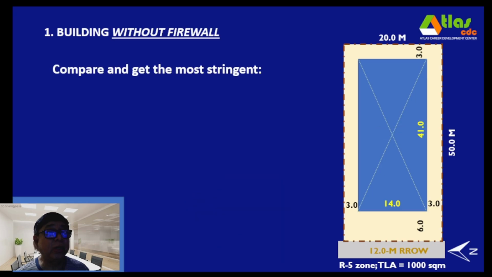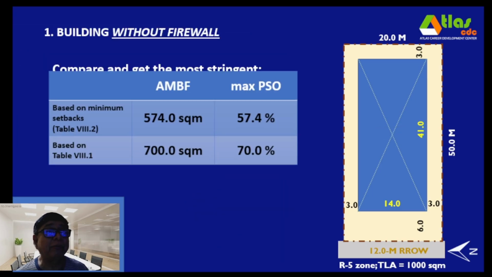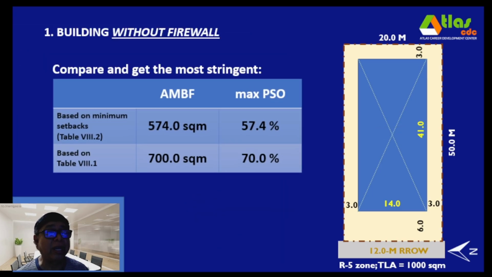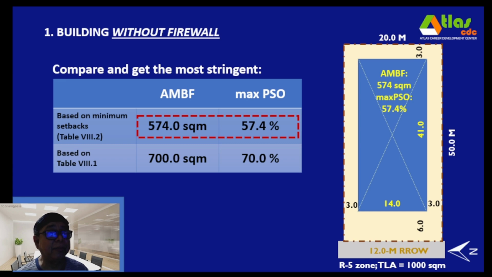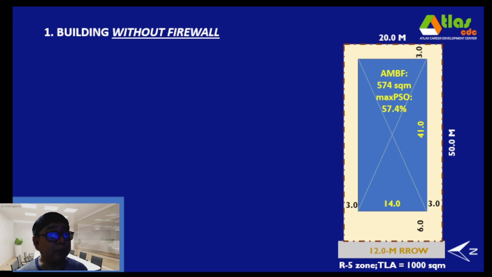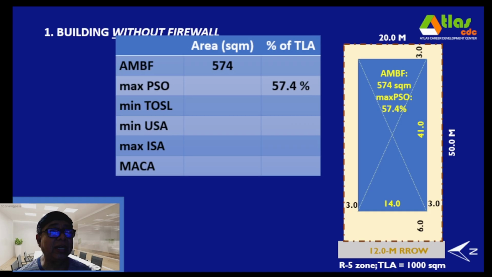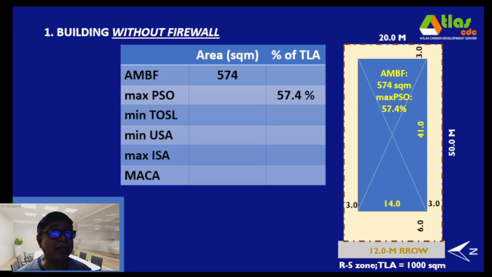So if we are going to compare the two answers or values for our AMBF and the maximum PSO, lalabas dito ang pinaka-most stringent ay galing sa minimum setbacks or table 8.2. So yan na ang magiging final answer natin for the AMBF and the maximum PSO, 574 square meters, 57.4%.